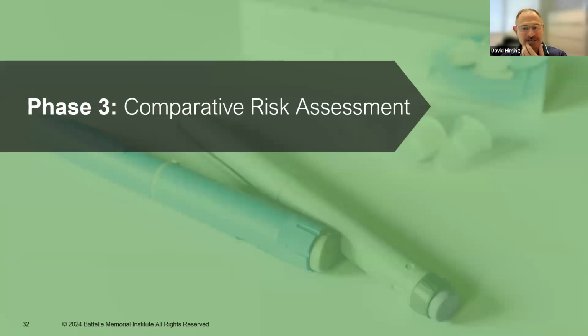The comparative risk assessment is a clearly organized integration of threshold analysis data and known use issues, potential use errors, and foreseeable misuse. Its purpose is to present a clear picture of the risk assessment and provide a clear level of traceability.